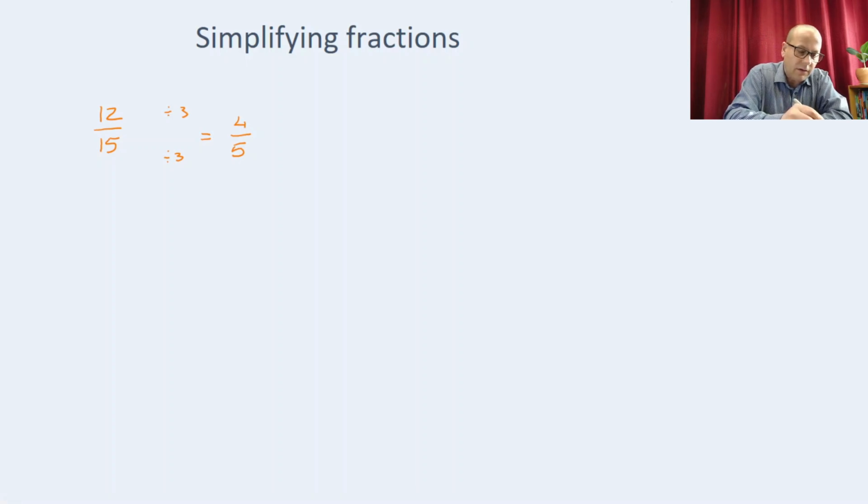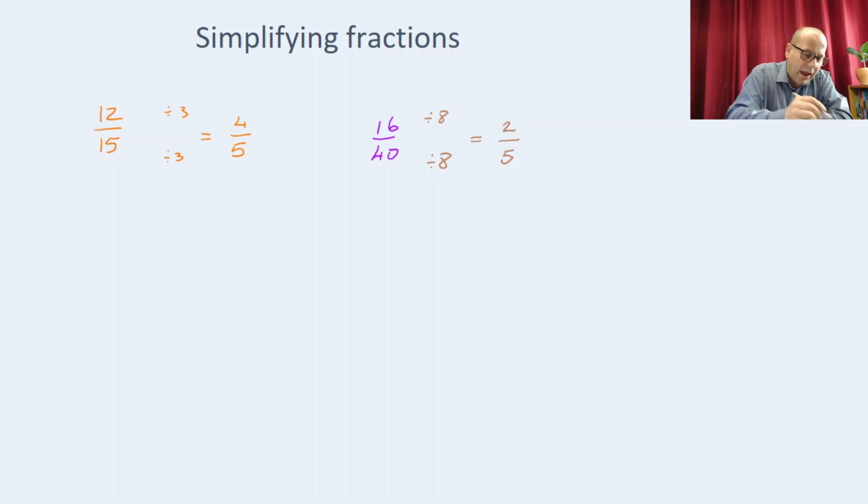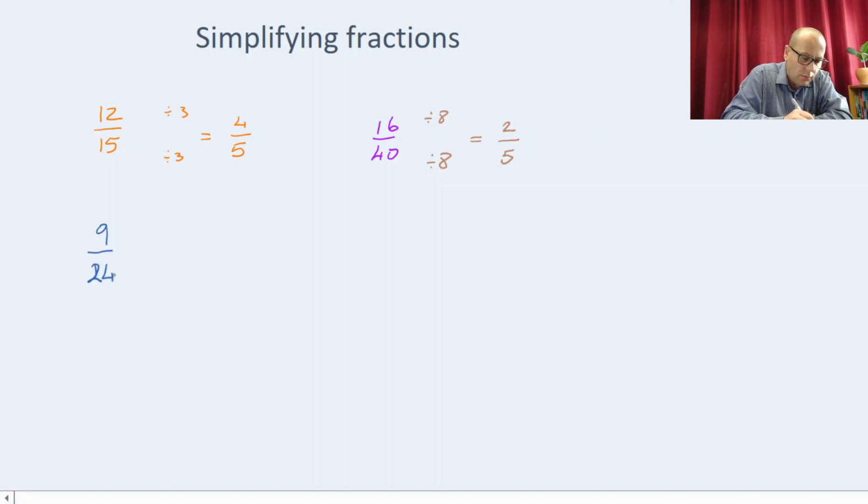If I have 16 over 40, you probably noticed by now that I can divide by 8, and then I obtain 2 over 5. 9 over 24 equals, divide by 3 up and down, so it will be 3 over 8.